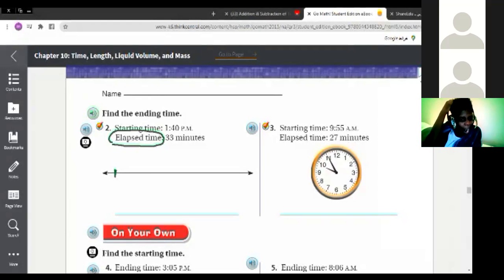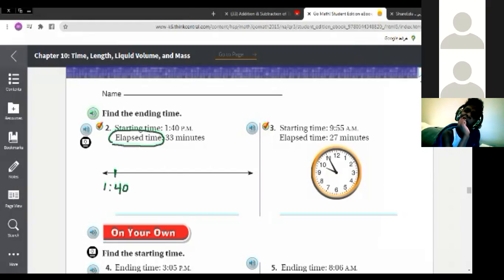So the starting time here is 1:40. Please put it on the number line. 1:40 as you see. Then when I count another 20 minutes, you know, there are 60 minutes in 1 hour.